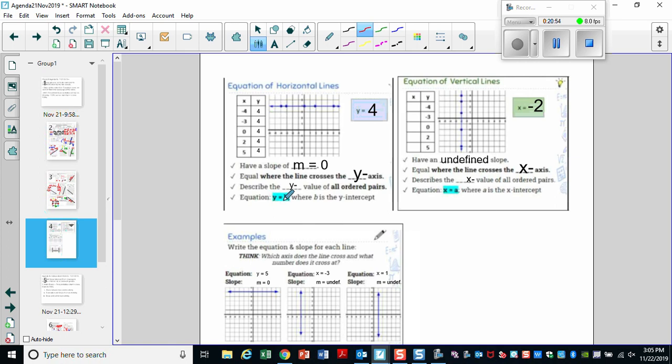And our equation, y equals b. B is your y-intercept. For a vertical line, you have an undefined slope, x equals -2. And this is where the line crosses the x-axis. So your x-axis goes across, and in the same case, it's going to be -2 for all 5 cases.